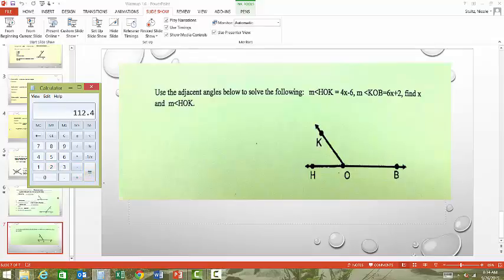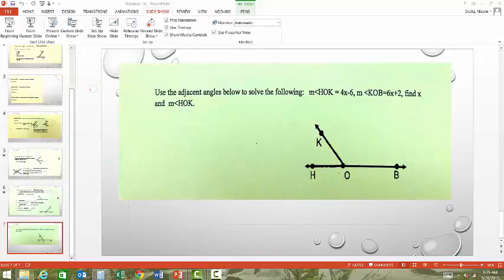So about 112.4 degrees would be angle KOB. If I wanted the HOK, which is what we were looking for, should get 67.6 degrees. And if you want to double check those, you can always add them back together and make sure you do indeed get 180.